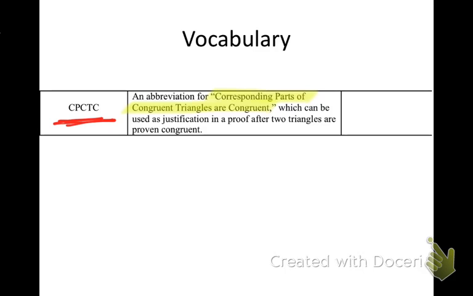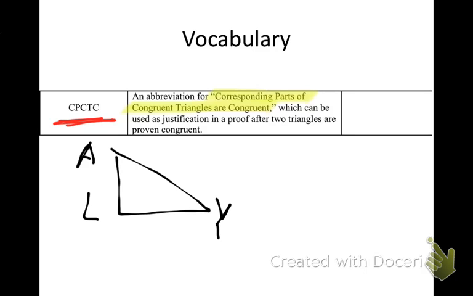is if I have a triangle, and that triangle is, let's say, ALY, and I have another triangle, and that triangle is, let's say, SUT.